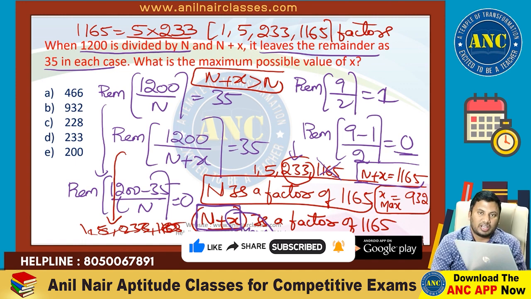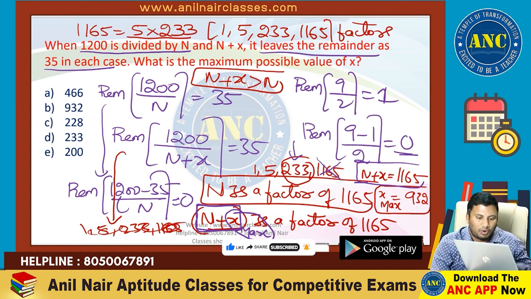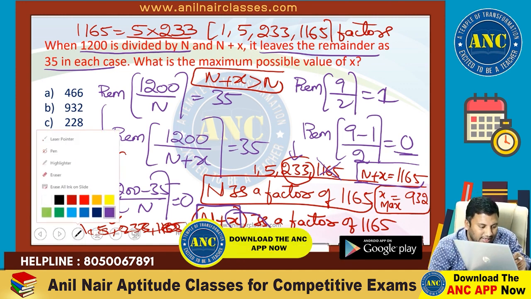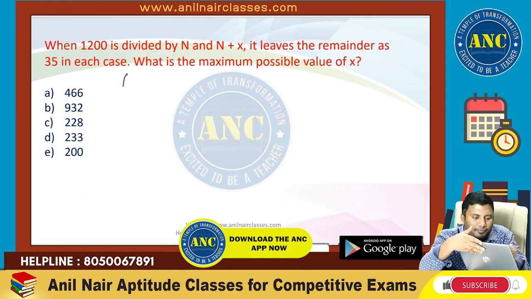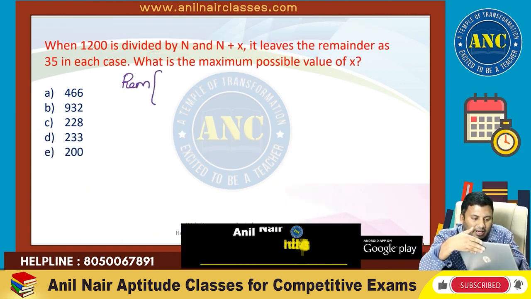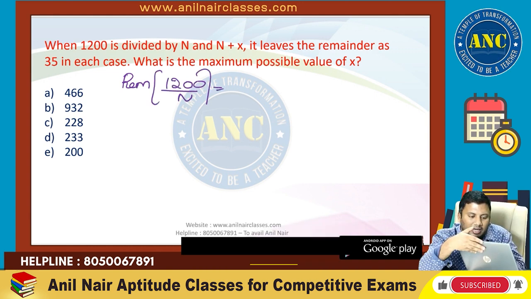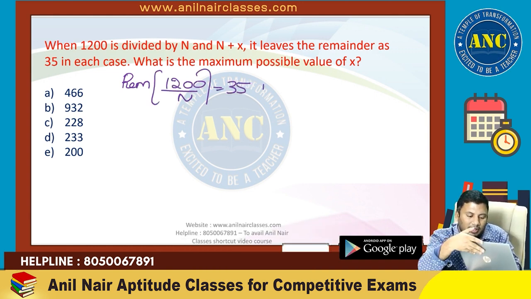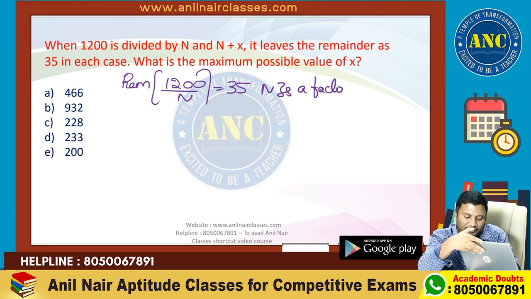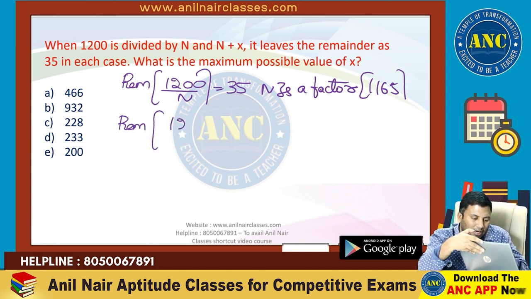Is this logic clear? Is there anybody who wants me to repeat this logic? A second time I am repeating. 1200 divided by n, remainder is 35. That means n is a factor of 1200 minus 35, a factor of 1165. Similarly, the remainder when 1200 is divided by n plus x is 35.